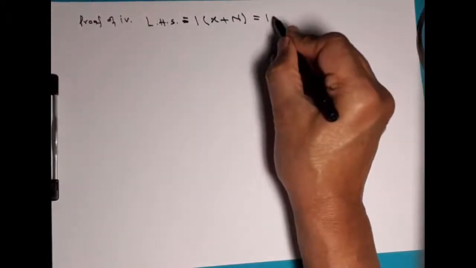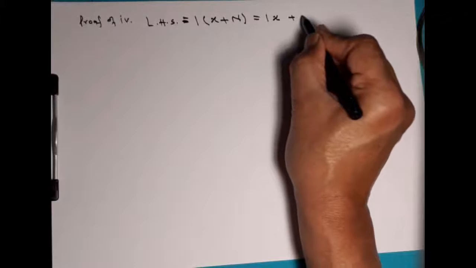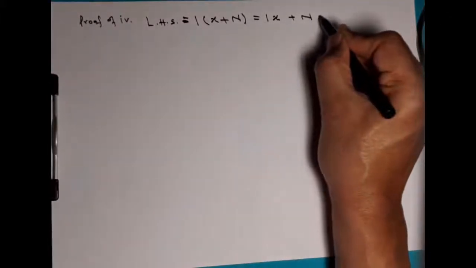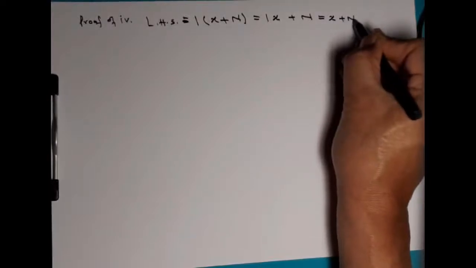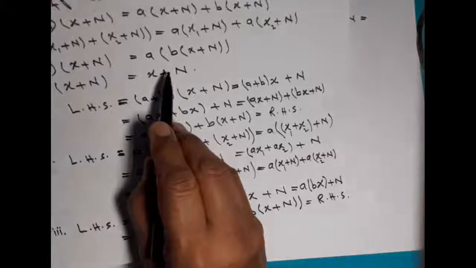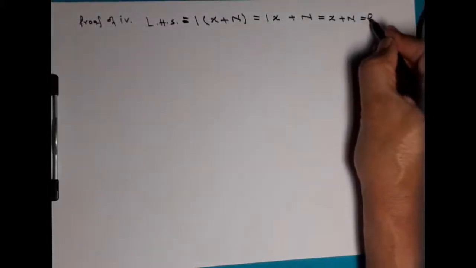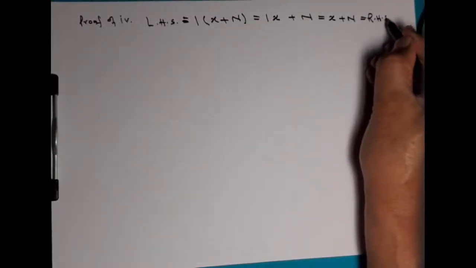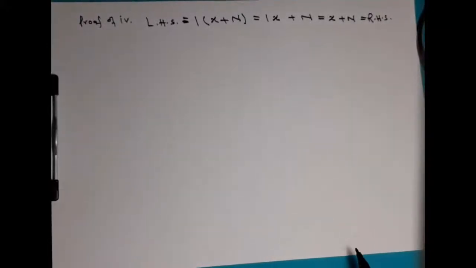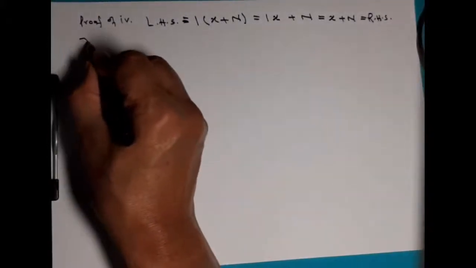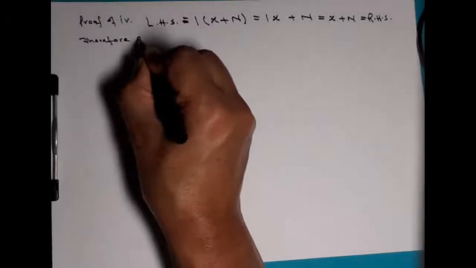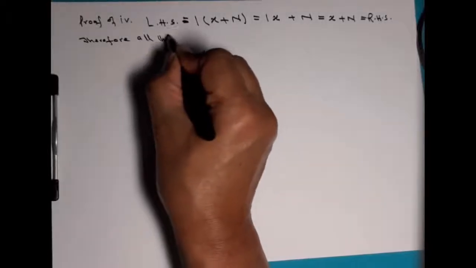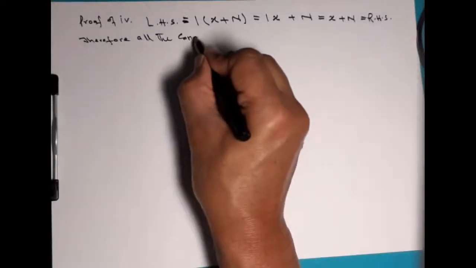By our definition of scalar multiplication, this is 1 multiplied with x and then plus N. And 1 multiplied with x is equal to x. So this is x plus N, and this is equal to the right hand side. Therefore, all the conditions are verified. All the conditions are proved.